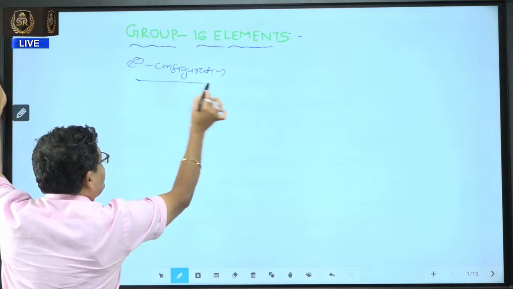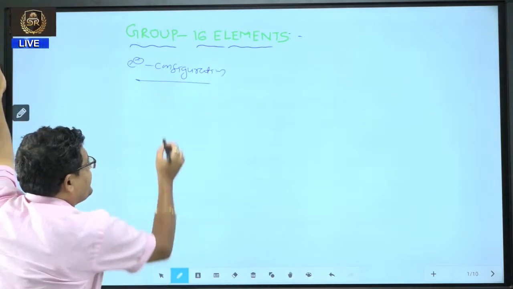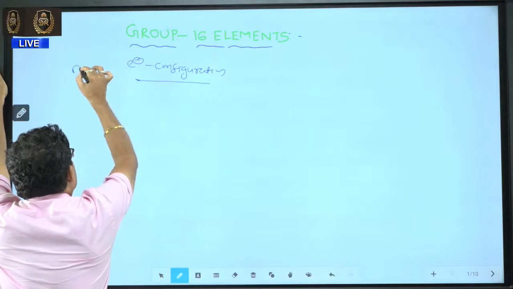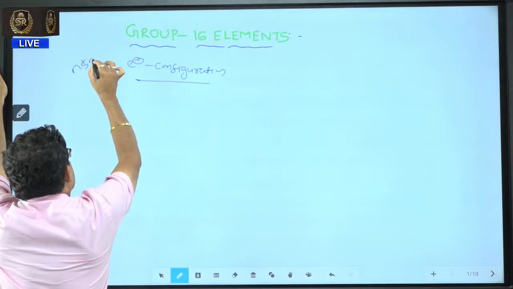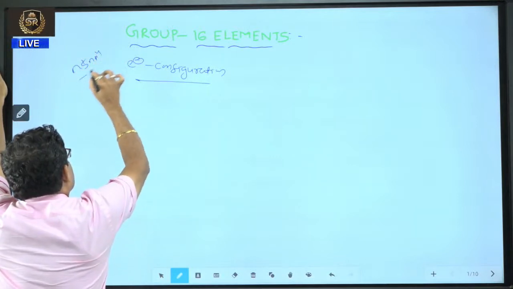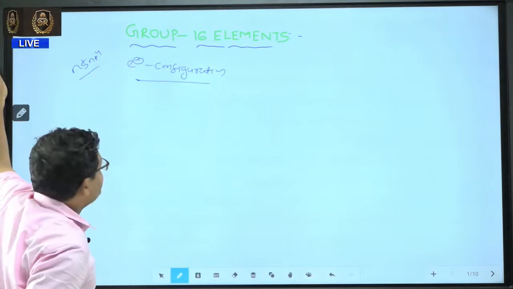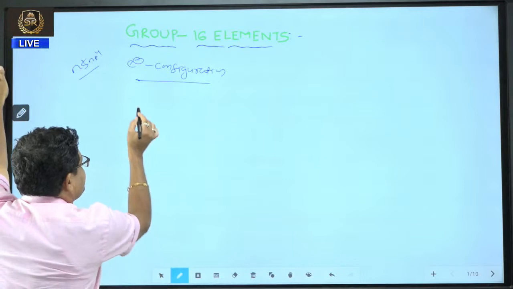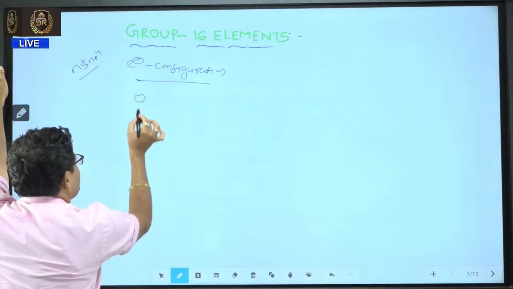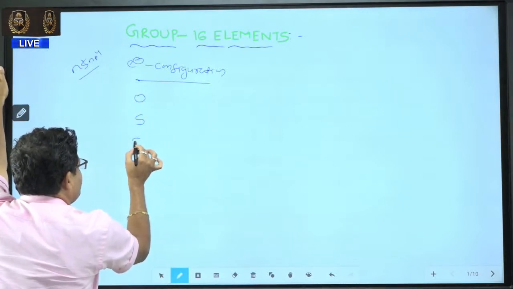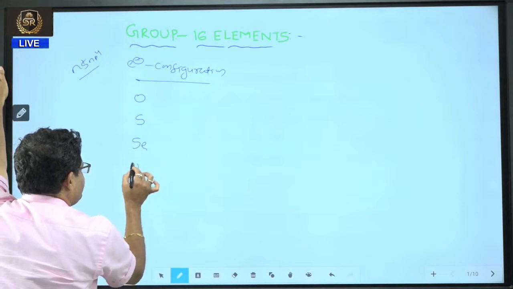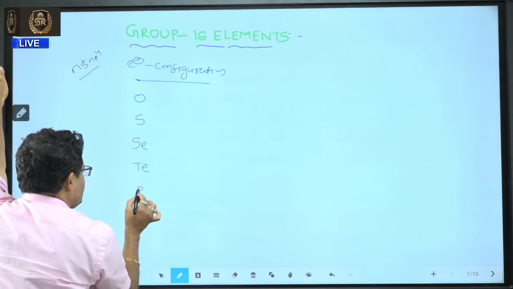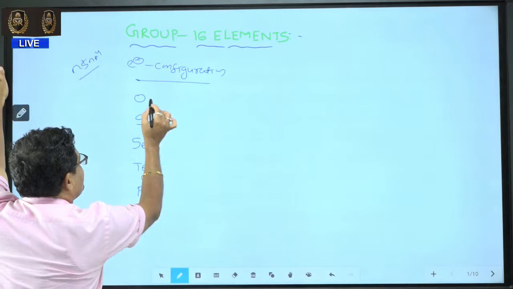Its electronic configuration is ns2 np4. That means outermost 2 plus 4 equal to 6. Its elements are oxygen, sulfur, selenium, tellurium and then polonium.